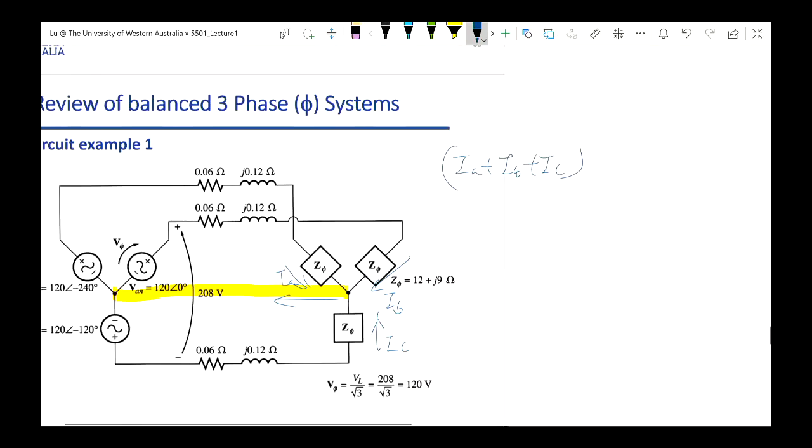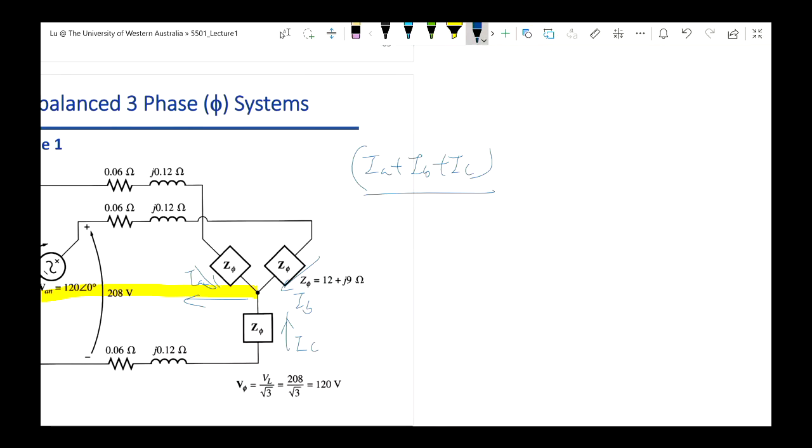Why equal to 0? IA, IB, IC are 3-phase current vectors. If you draw that out, IA is here. IB, IC are balanced with it. So IB, IC are given here: same size, but 120 degrees angle difference. When you add up these 3 vectors, for example, let's just add up IB, IC first.